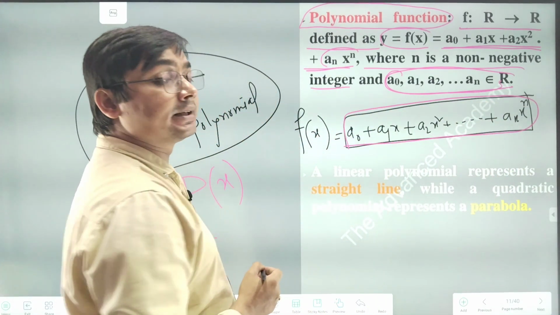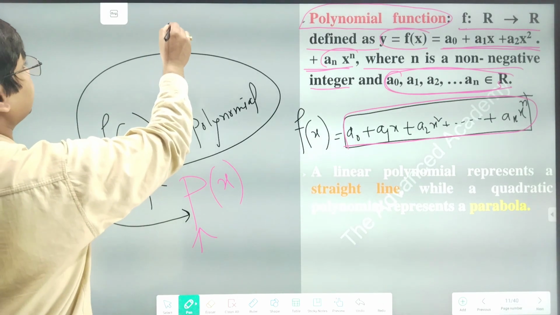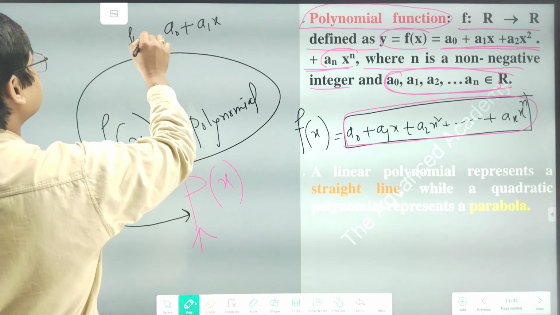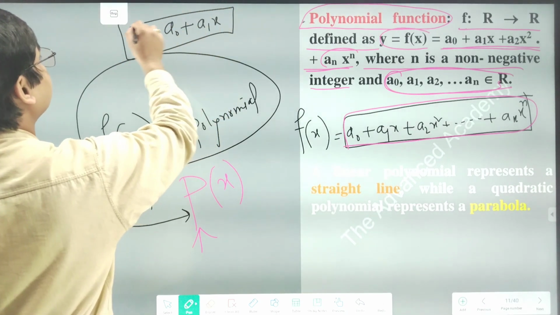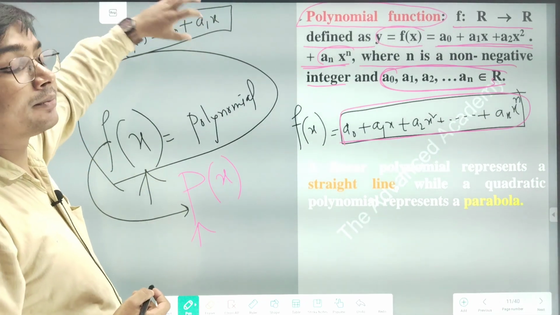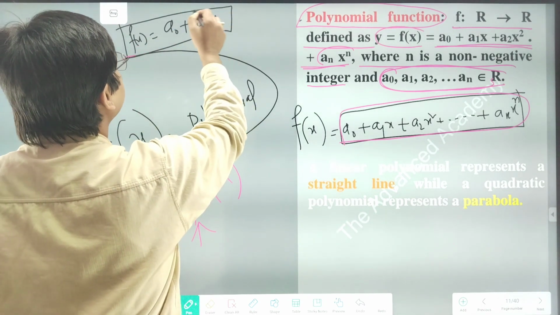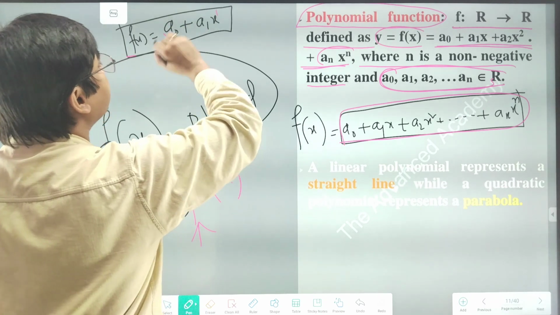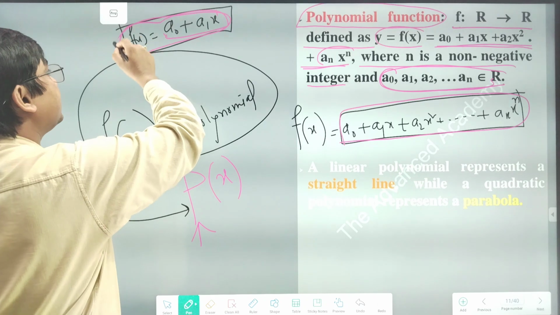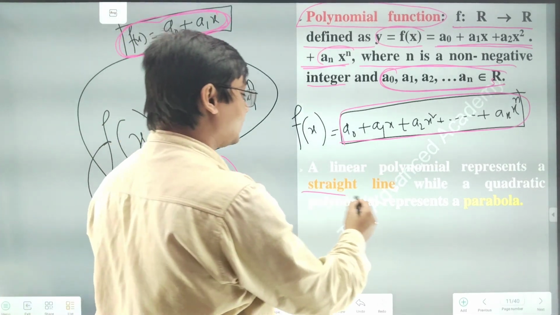Linear means a type like a naught plus a1x. Here a linear polynomial is given. Linear means the highest power of the variable x should be 1. Here the highest power of x is 1, so this is a linear polynomial, and the graphical representation of this linear polynomial will represent a straight line.